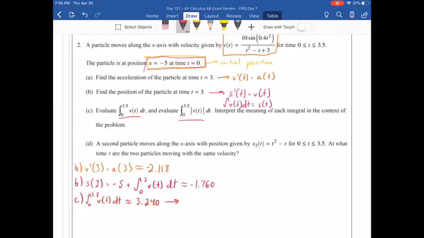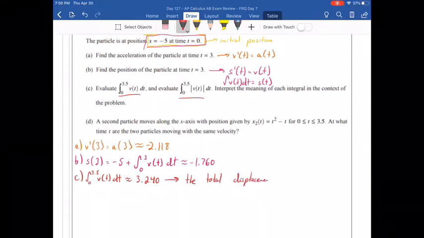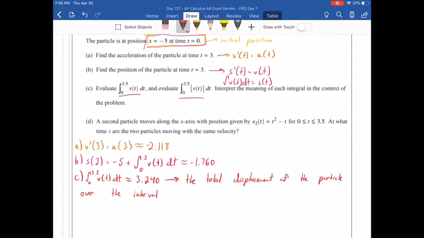So without the absolute value, this represents the total displacement of the particle over the interval 0 less than or equal to t less than or equal to 3.5.